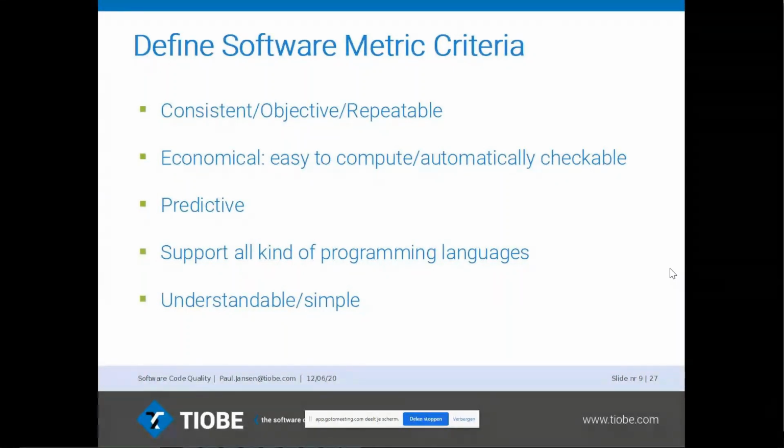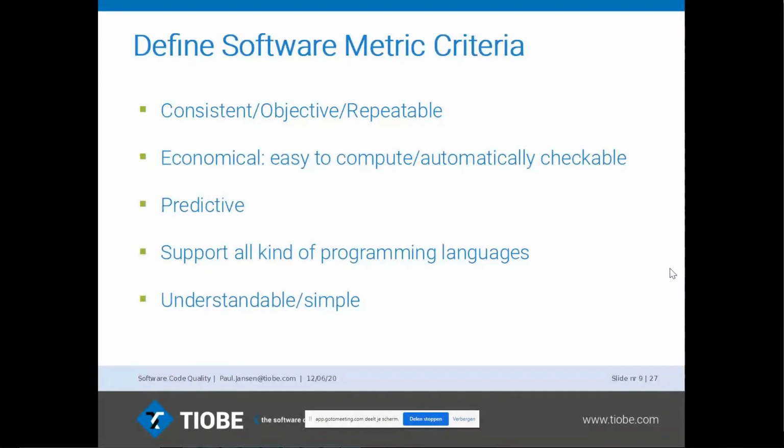It also should be predictive. So if you have a metric, it should tell something. It should indicate that if this metric is low or high, that means that your software will be better or worse. That, of course, is an obvious one. And then we need to have support for as many languages as possible. So suppose you have a metric called the number of friend classes.